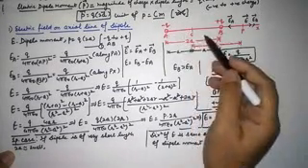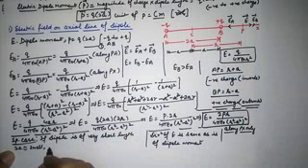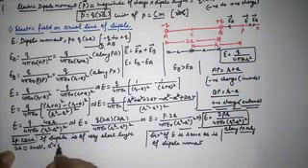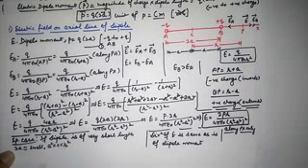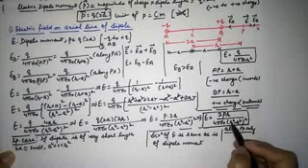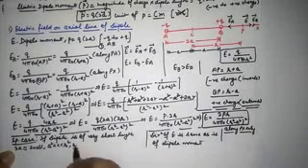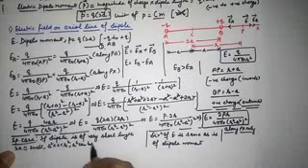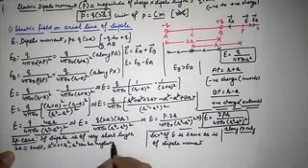If a is very small, we can say a square is very small as compared to r square, so this a square can be neglected.